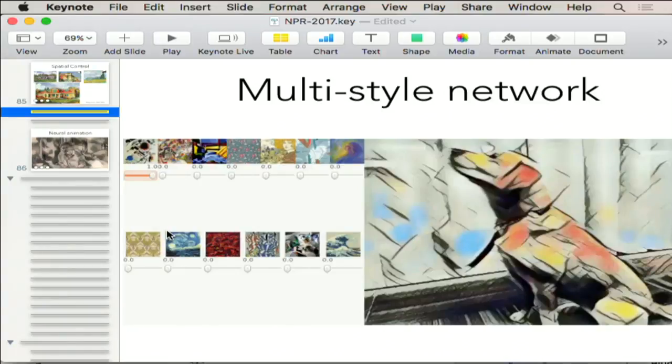One problem that happens with these things is that with a single example, it can't tell what elements of that image are due to the style versus the underlying scene. So you have a painting of a forest, and you apply it to a photograph, and you end up with paintings of trees in the person's hair.